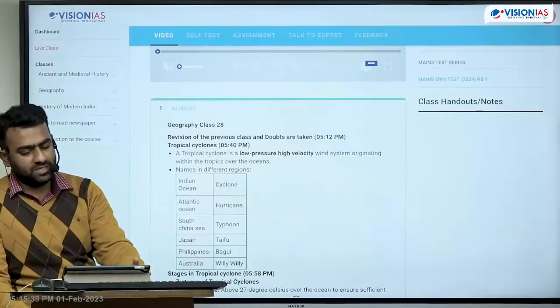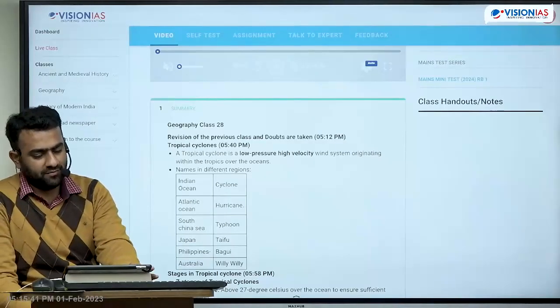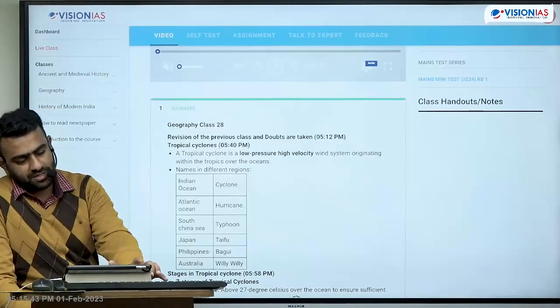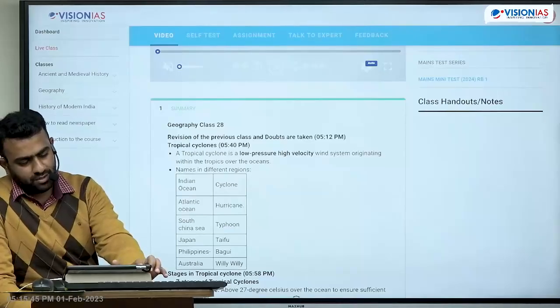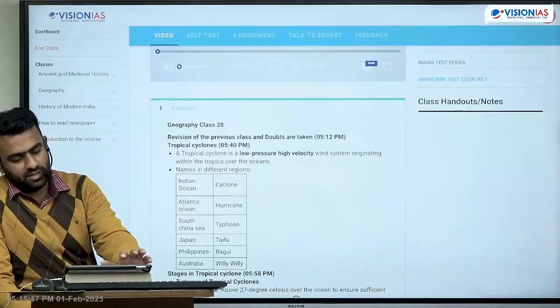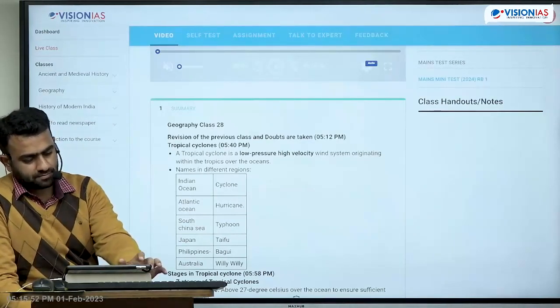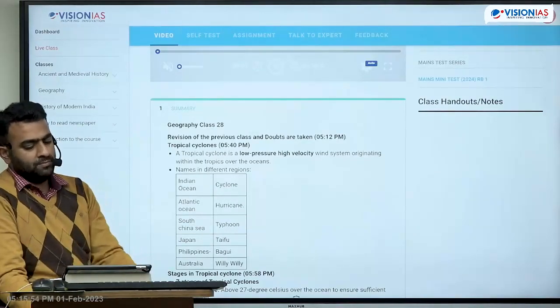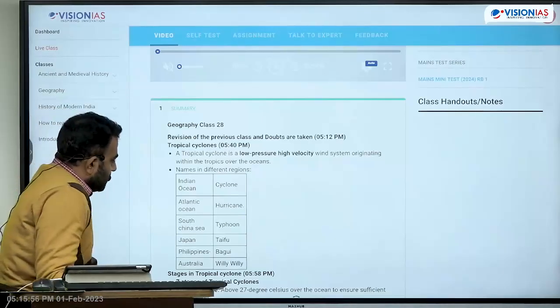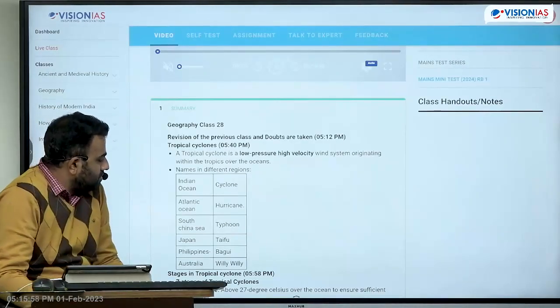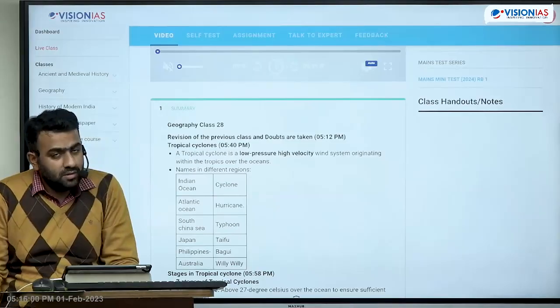It is a low pressure system with high wind speed and precipitation originating over the oceans within the tropical regions. They are called cyclones in the Indian Ocean, hurricanes in, typhoons in.